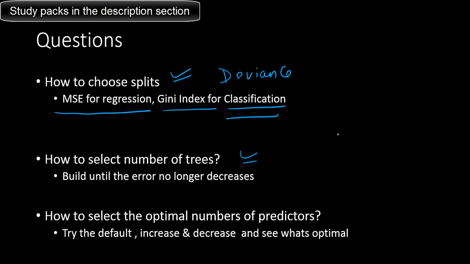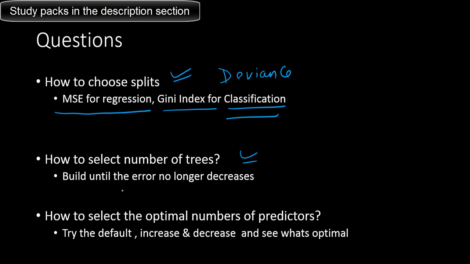How do we select the number of trees? We talked about the number of trees in bagging, and it's very similar in random forest. You keep building trees by taking different bootstrap samples from the main training data.